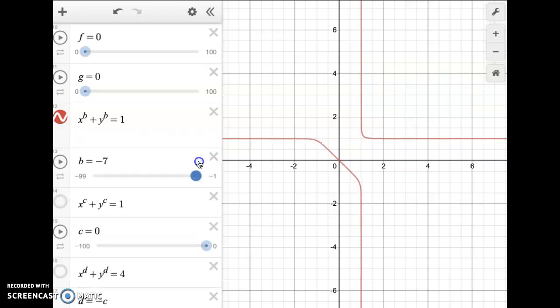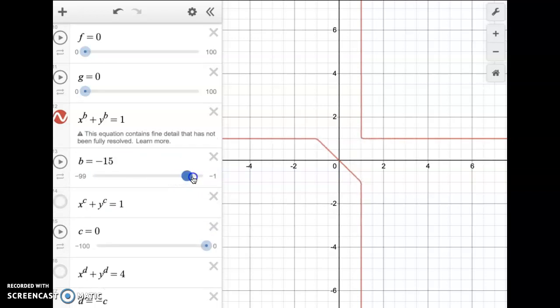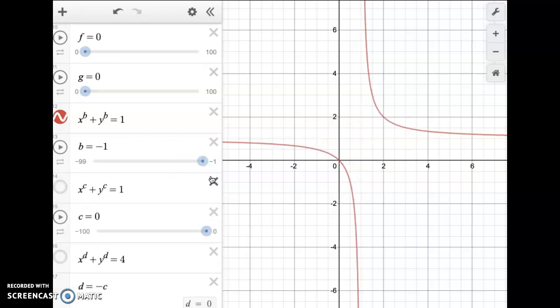It appears that they tend to sharpen, I guess is the best word I can use, and still never touch these points, even the closer we get to a larger negative exponent. So the further away from 0 that we get, they still just never touch those points.